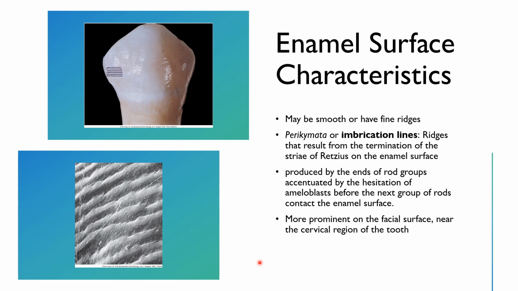So it's not often likely that you'll see them on the lingual, and they're typically closer to the cervical region of the tooth. Okay, so in this picture here, here's our cervical region of the tooth, and you're not really going to see perikymata at the cusp tips. It's more so towards the cervical margins. Okay, kind of see these lines.